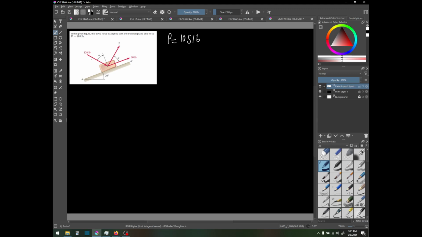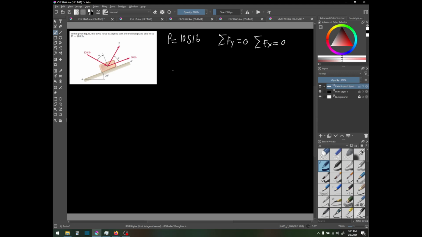For this problem, since this is statics, this is a static object, which means the sum of the forces in the y direction equals 0, and the sum of the forces in the x direction also equals 0.